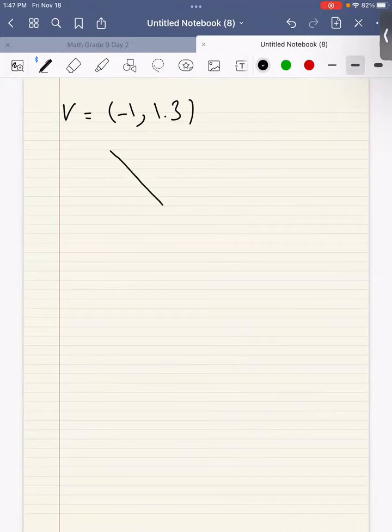Not exactly. So what is this angle? Theta.